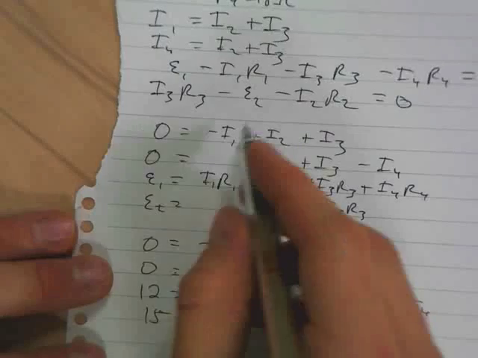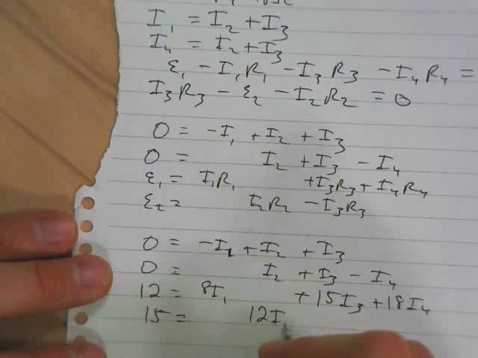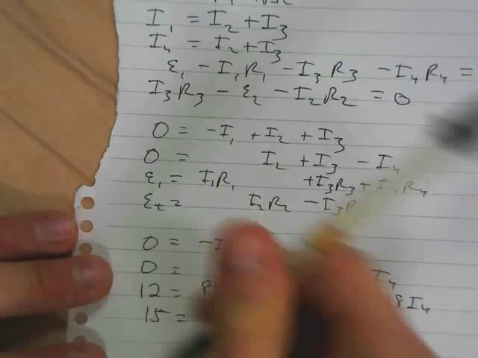equals I2 R2, R2 is 12, minus I3 R3, 15 I3. Now, whether you may or may not recall, we can write this in terms of matrices.